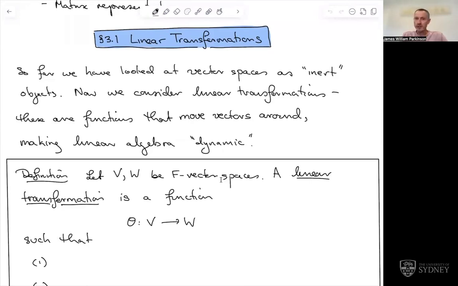In applications, these linear transformations often describe some system, some Markov chain, and multiplying by a matrix gives the probabilities of the next step and the next step and so forth. But in this course, we'll look relatively abstractly at linear transformations.